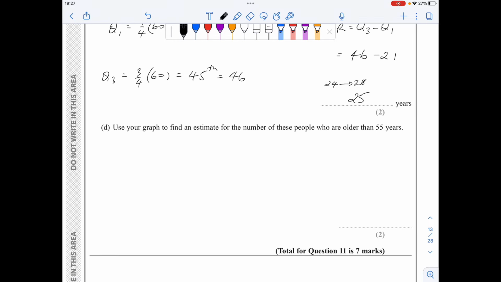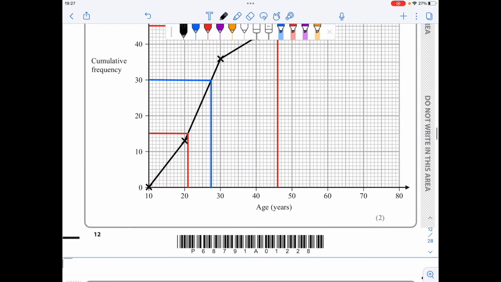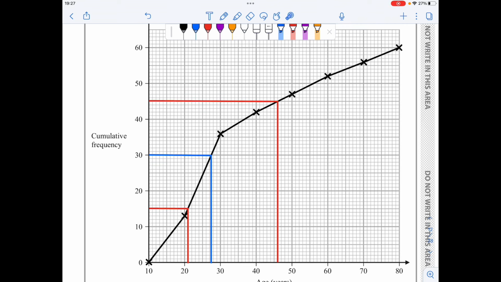For part D, I need to find the number of people who are older than 55 years. First, I'm going to find the number of people who are younger than 55 and subtract from 60. So this time I'll start from 55 on the x-axis, go up on the graph, and then on to the left to find the number of people.